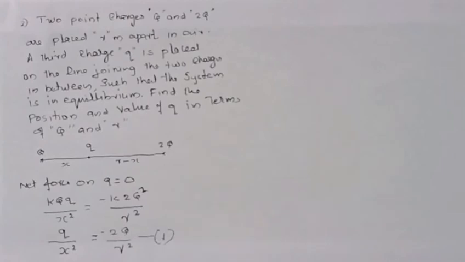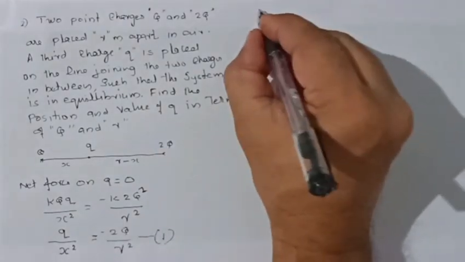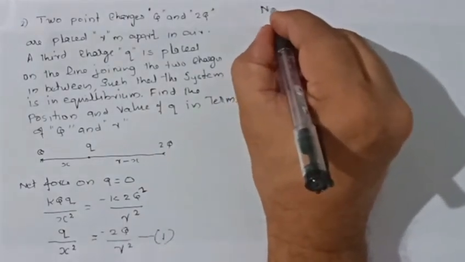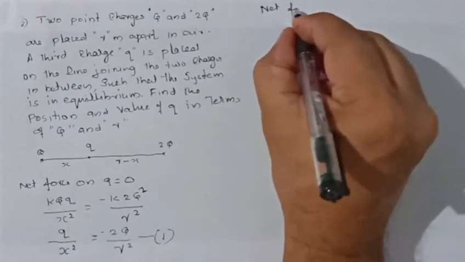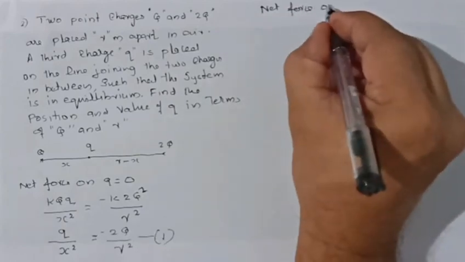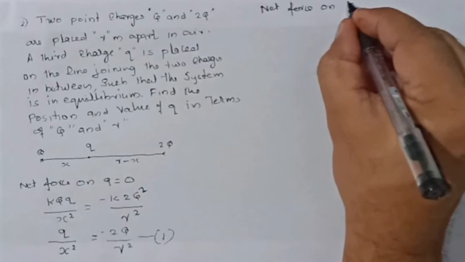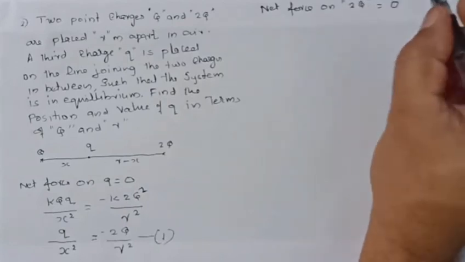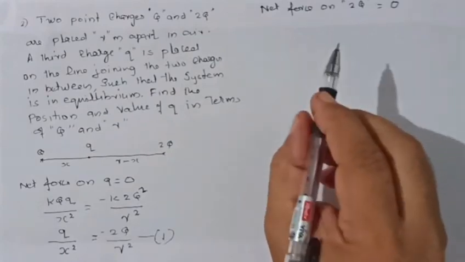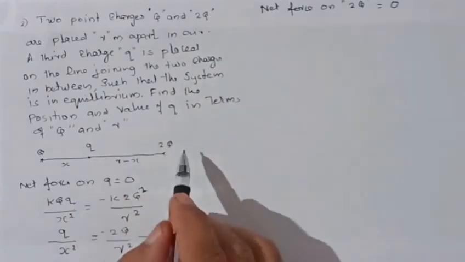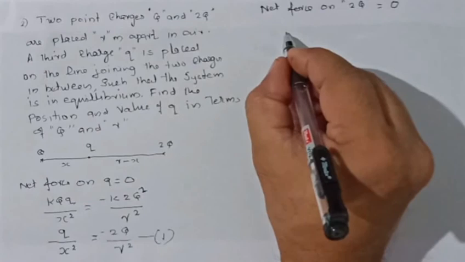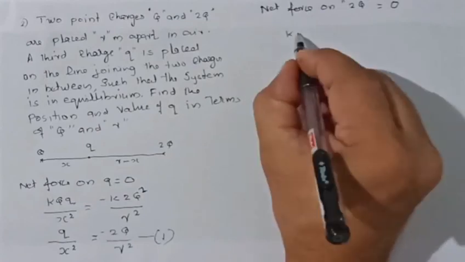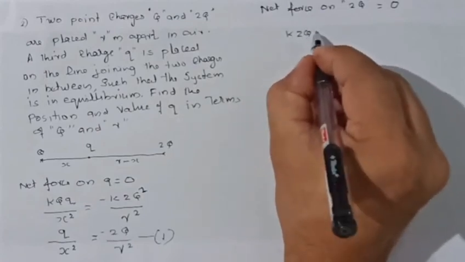Okay. Now the net force on 2Q would also be 0 because it is in equilibrium. There are two forces again, one due to the small q and the other one due to the capital Q. They are equal and opposite.